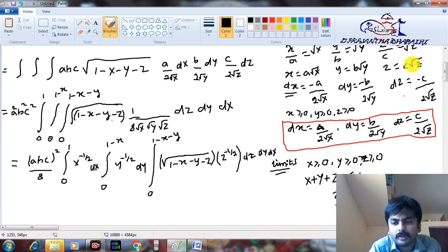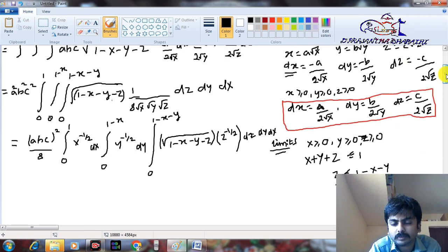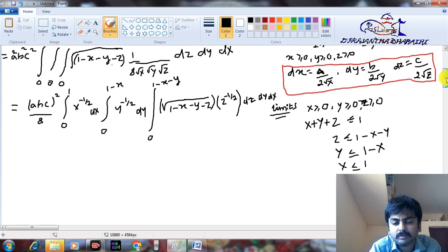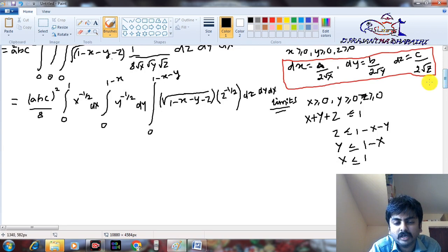Now again we have to repeat this process. The constant which is a function of other variables has to be brought to the corresponding integral. Since this is too complicated to solve, I am taking this term as some other constant. You will know that in a few minutes.